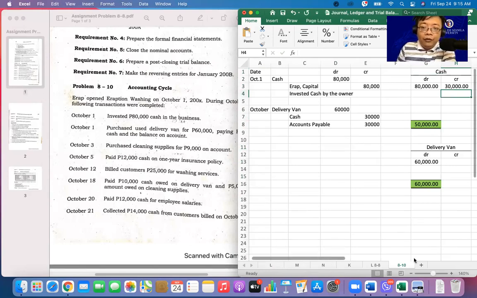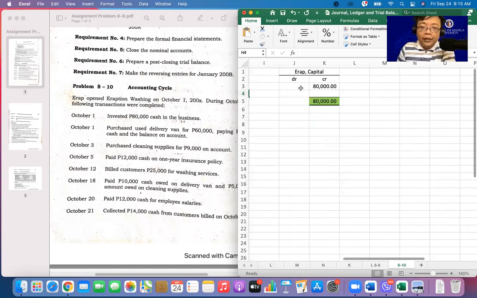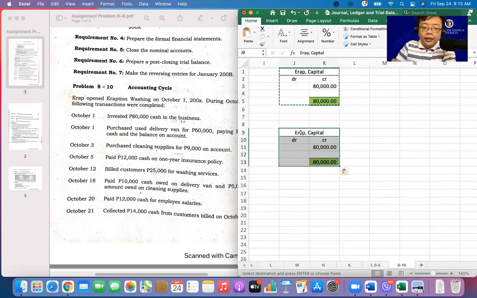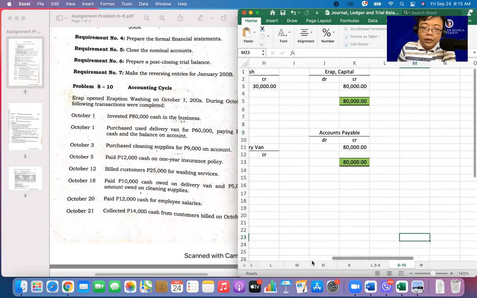And also you have your accounts payable, worth 30,000 because you pay half: half accounts payable, half cash.